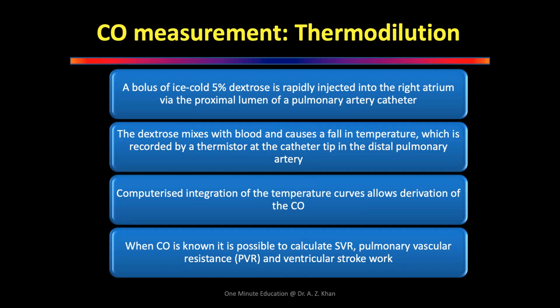So this drop in the temperature is actually calculated by the computer, and it gives you cardiac output. So this is how you use a Swan Ganz catheter to calculate cardiac output measurement. And then once you've done a cardiac output measurement, it is computed with height and weight, and then you get cardiac index. So it gives you an indirect measurement of cardiac index.